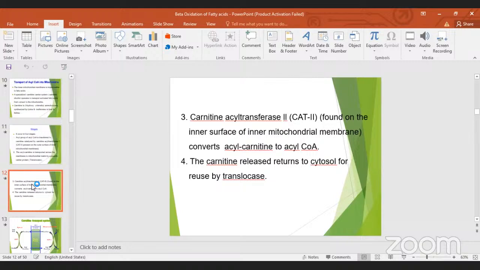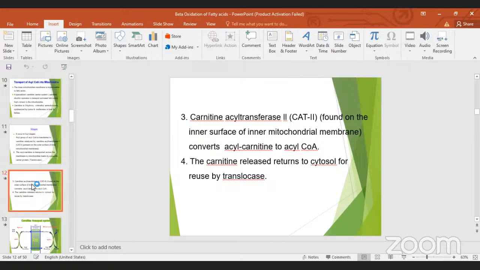Next, another one, CAT2, carnitine acyl transferase 2, is found on the inner surface of the inner mitochondrial membrane. That is the matrix side of the inner mitochondrial membrane.